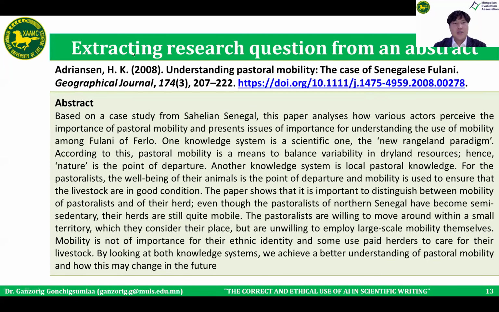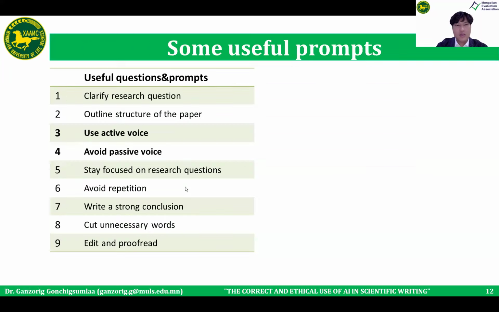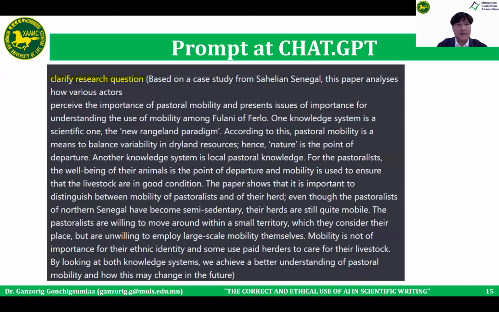For example, there is an example of extracting a research question from an abstract. There is a link to this example article. There's an abstract, so you just copy the abstract, put it there, and give the command: clarify research question, and then you put the abstract in brackets or quotation marks. It reads all of this abstract and clarifies the research question.